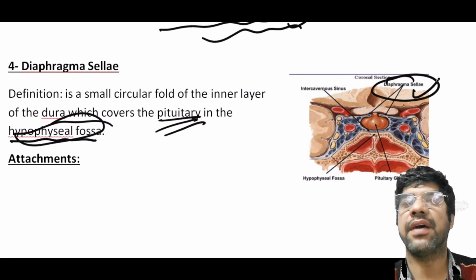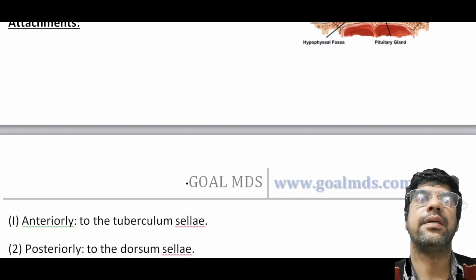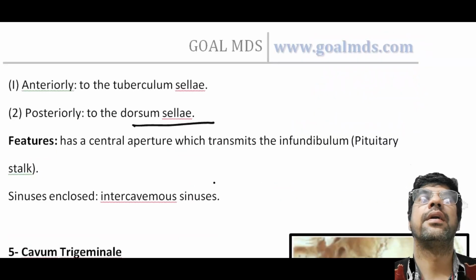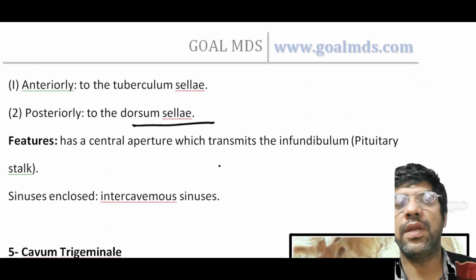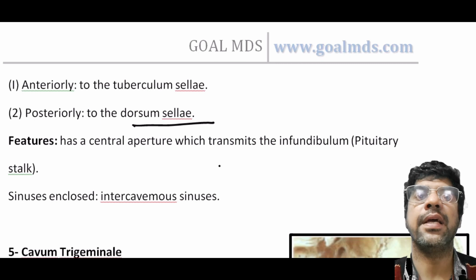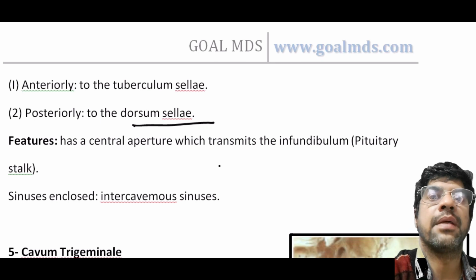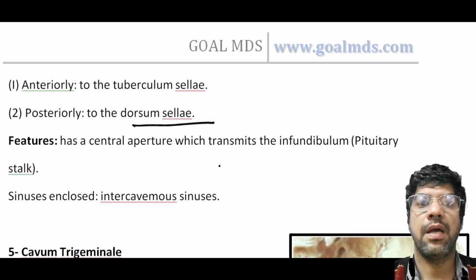At the front there is the tuberculum sellae. Posteriorly there is the dorsum sellae. There is a hole in the center of the diaphragma sellae. Through this hole the stalk of the hypophysis cerebri, the pituitary gland, passes.